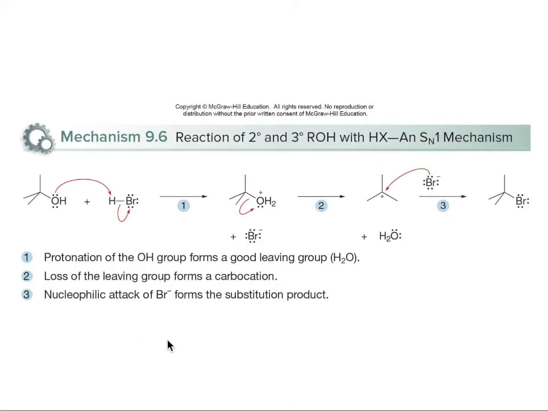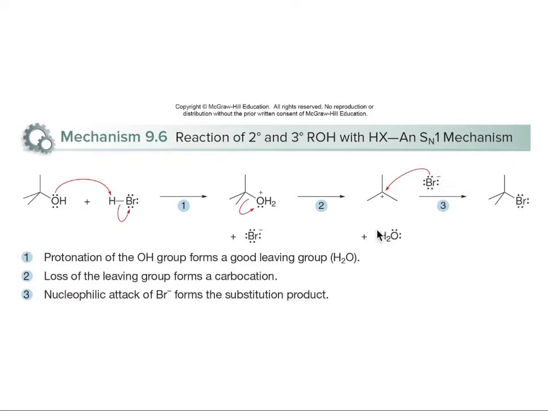Now, when we have secondary and tertiary alcohols, the reaction will go through an SN1 mechanism. The first step is the same one. The alcohol gets protonated, the Br leaves, and now we have water as a good leaving group. And because if water leaves, we get a stable carbocation, that's a tertiary carbocation, it will form, and now the Br can come and attack.